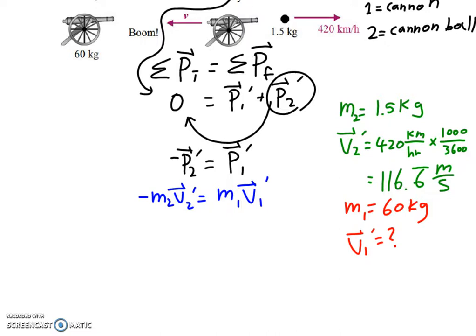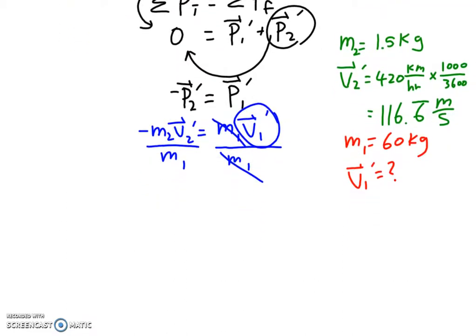As you may notice, it's mass times velocity again, except we need to isolate for v1. The easiest way is to divide by the variable you don't want, which is our first mass. So if I rewrite this expression, v1 is equal to negative m2 v2 final velocity divided by m1.